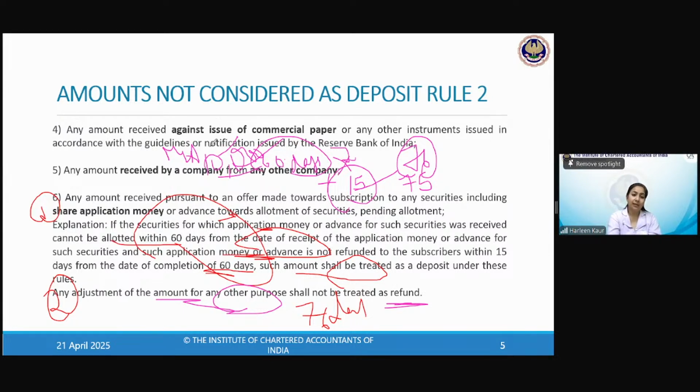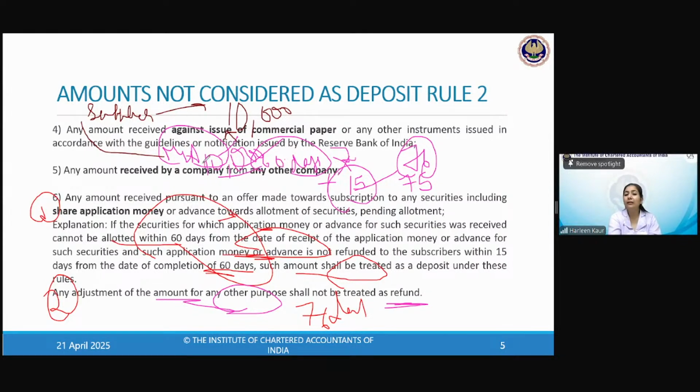Say, for example, let's go with the same example. This money that you have taken from Mr. A, he was a supplier of your company. Certain goods were supplied to the company for rupees 10,000, so the company had to pay them rupees 10,000.